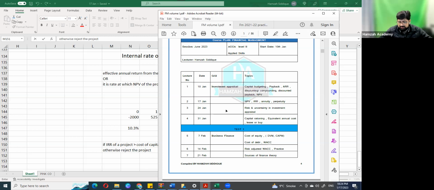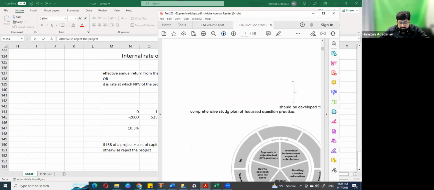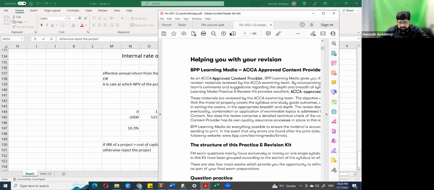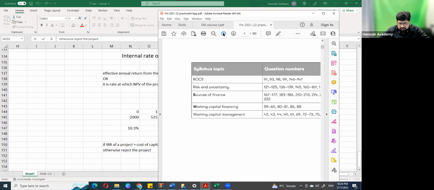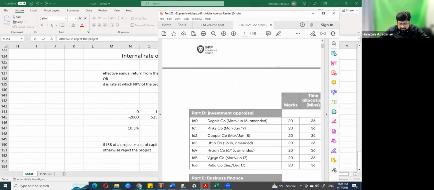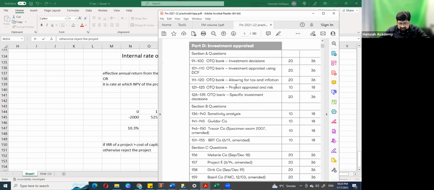That is on 24 January. But do revise this well. And from the exam kit, I would suggest that you try to solve some of the objective test questions from this section. Let me show you. Try to solve some of the questions by yourself. I will be solving, of course. So the section on investment appraisal decisions, allowing for inflation and taxation.